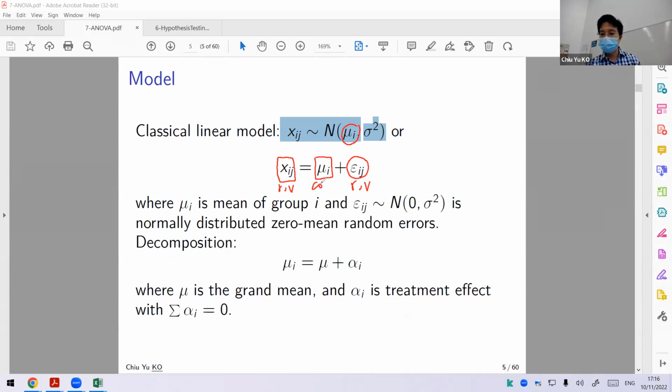This is a constant here, and a variable here. And this is a bell again. So what it means is very simple. Xij has mean of mu i.